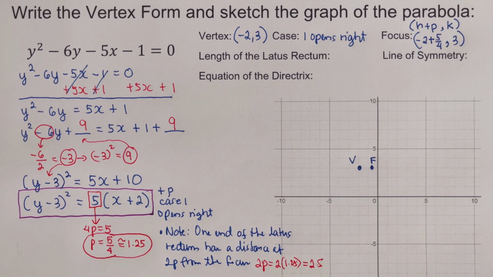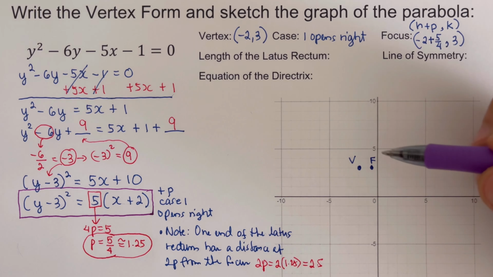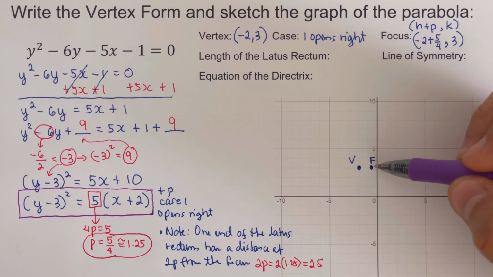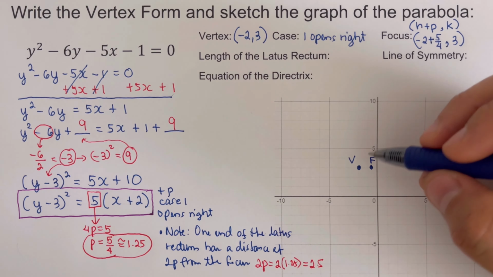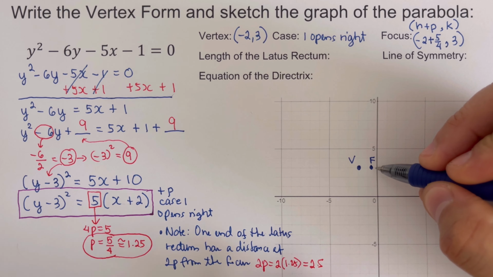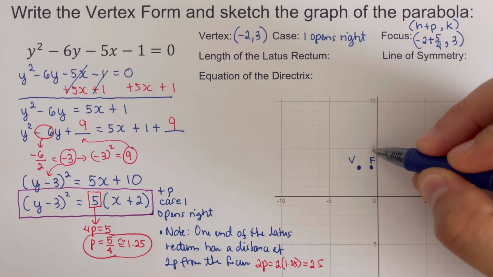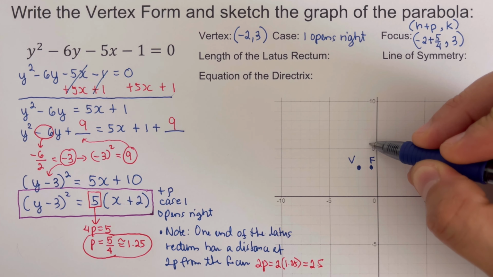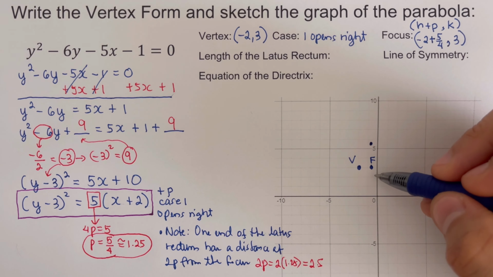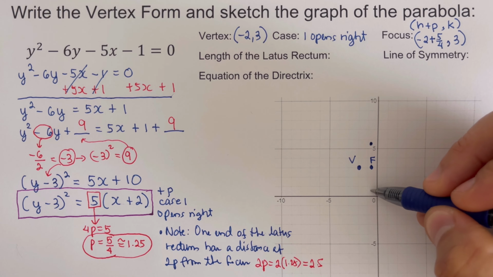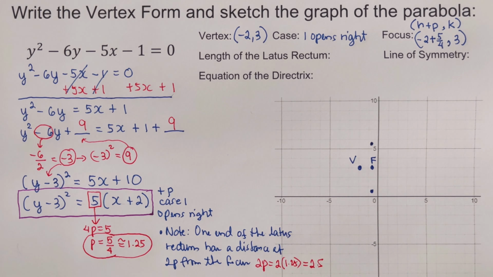So this tells us that one end of the latus rectum is located 2.5 up from the focus, and then 2.5 down from the focus. So I'm going to go ahead and plot that up here. So I go 1, 2, 2.5 should be halfway between 5 and 6. So this is where the first end of the latus rectum is located. So we have 1, 2, and then halfway. So this is the other end of the latus rectum.